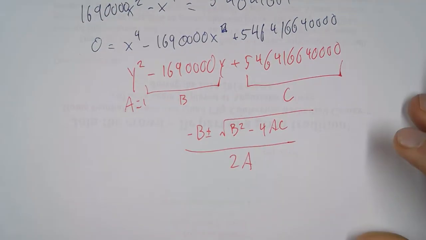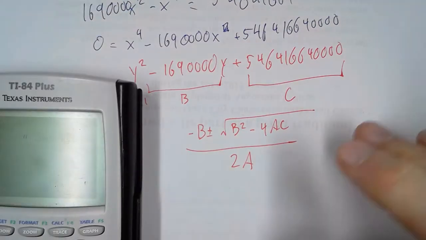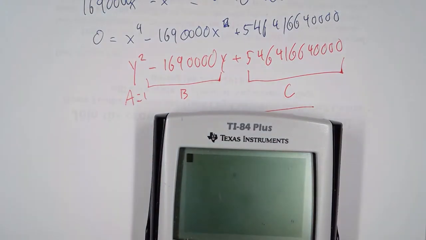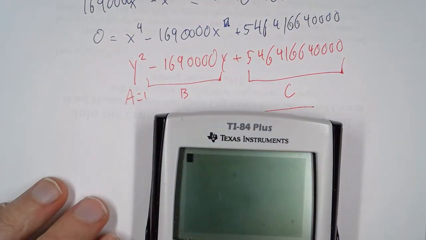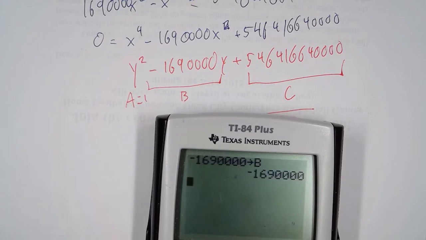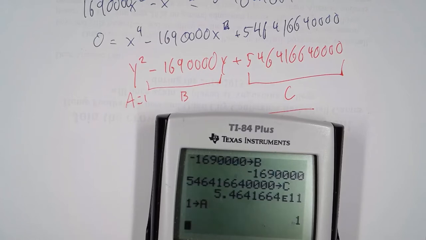And the easy way to do this on a calculator, especially if you have something like a TI-83, is to store these numbers in for a, for b, and for c. So negative 169,000 we'll store for b, and then 54641,664,000 we store for c, and we'll store 1 for a.